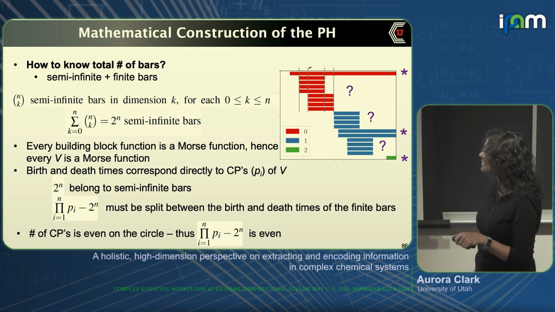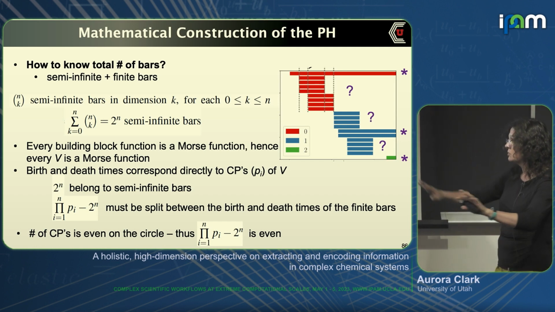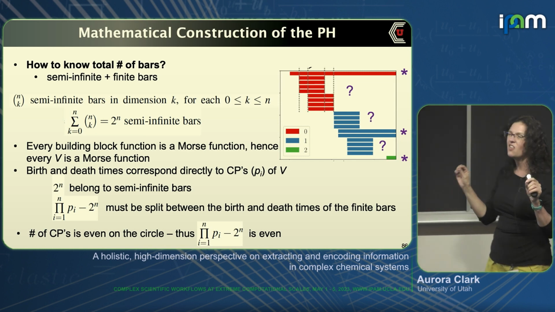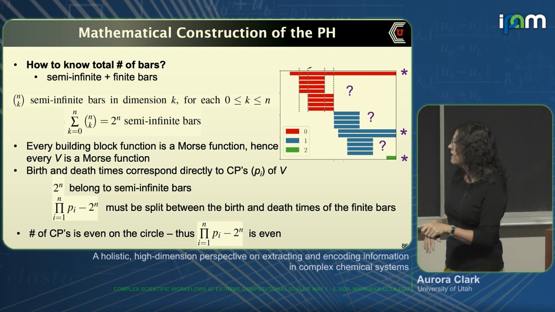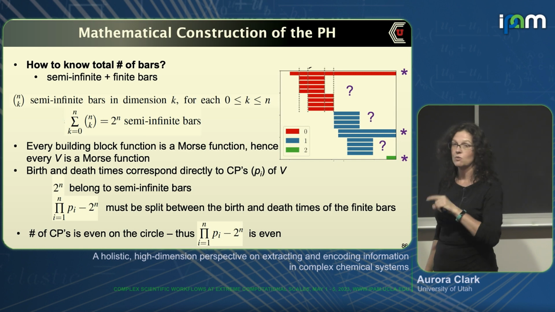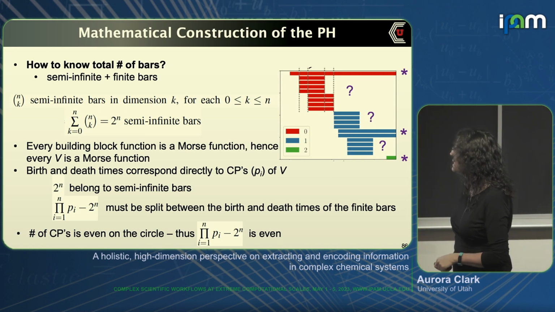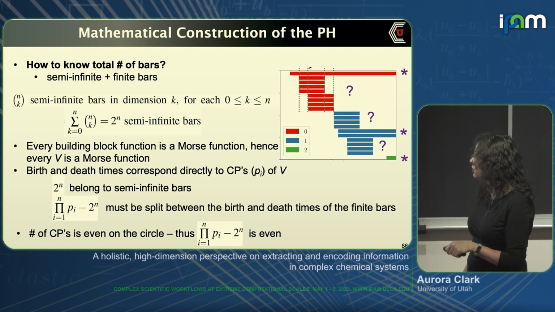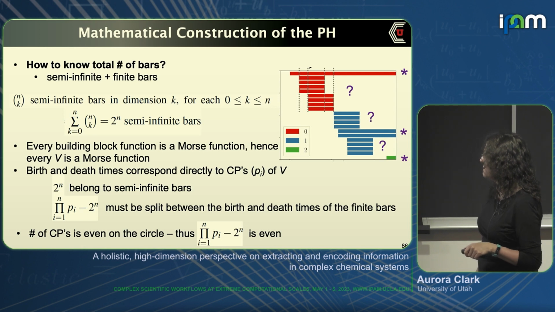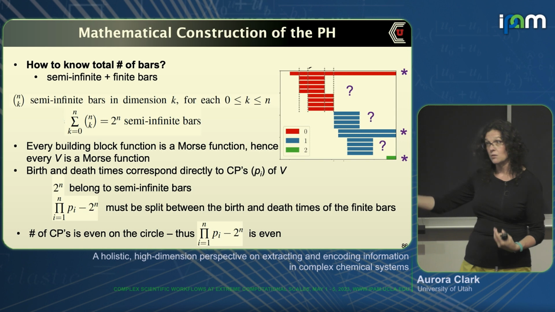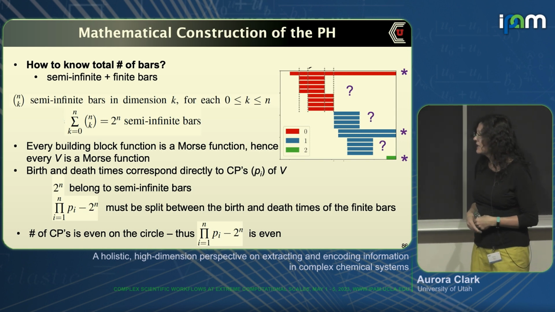And if I know that every building block function is a Morse function, then my total potential energy is a Morse function. And all that does is mandate that my birth and death times correspond directly to critical points on that function. And so I can enumerate all of the semi-infinite bars, and I know that those semi-infinite bars have to be split evenly between the number of birth times and the number of death times that I have.